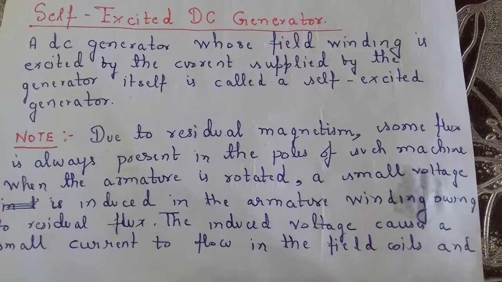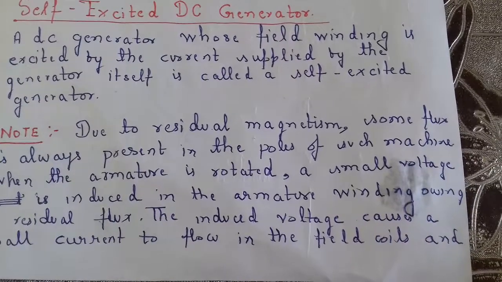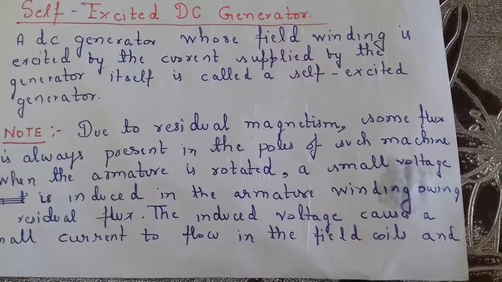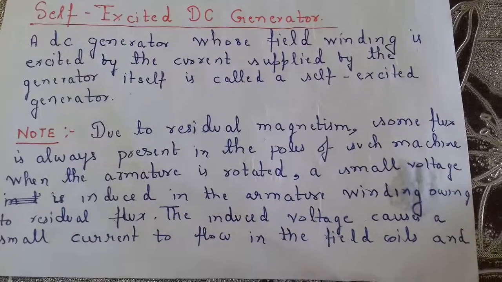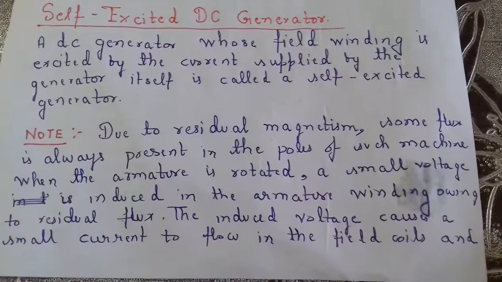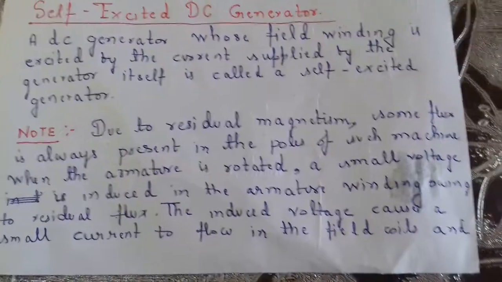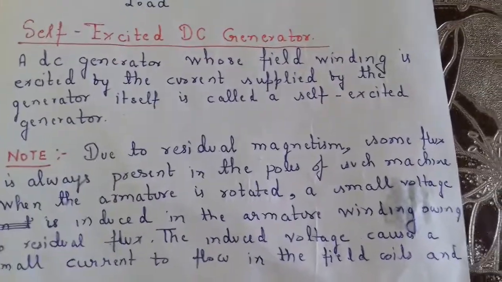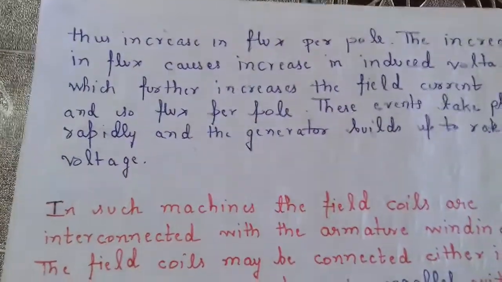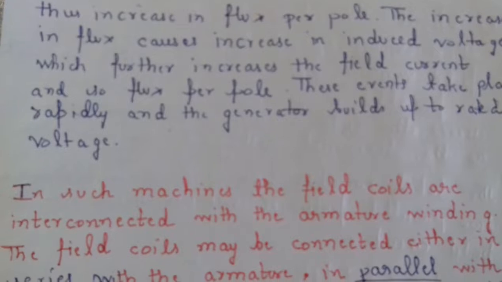As the flux increases, the cutting action will increase, so the EMF will increase. This process is so rapid that the generator builds up to its rated voltage.